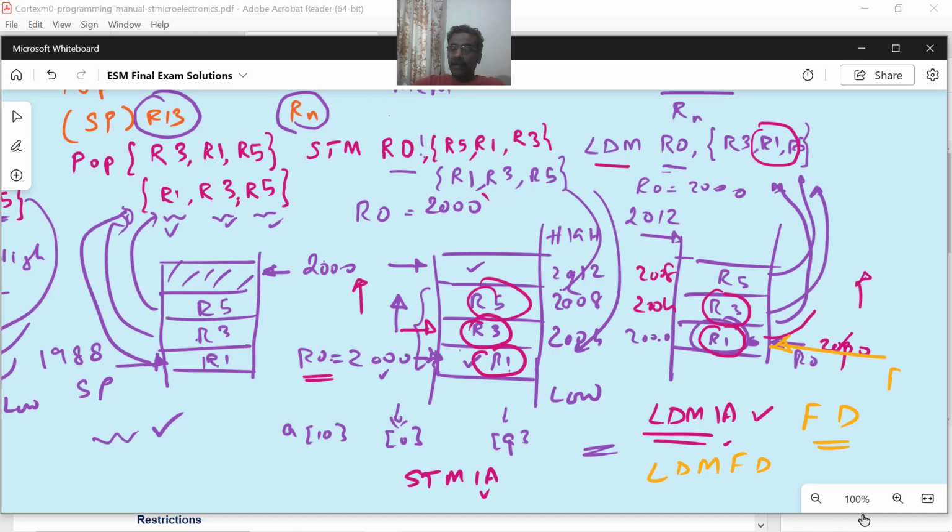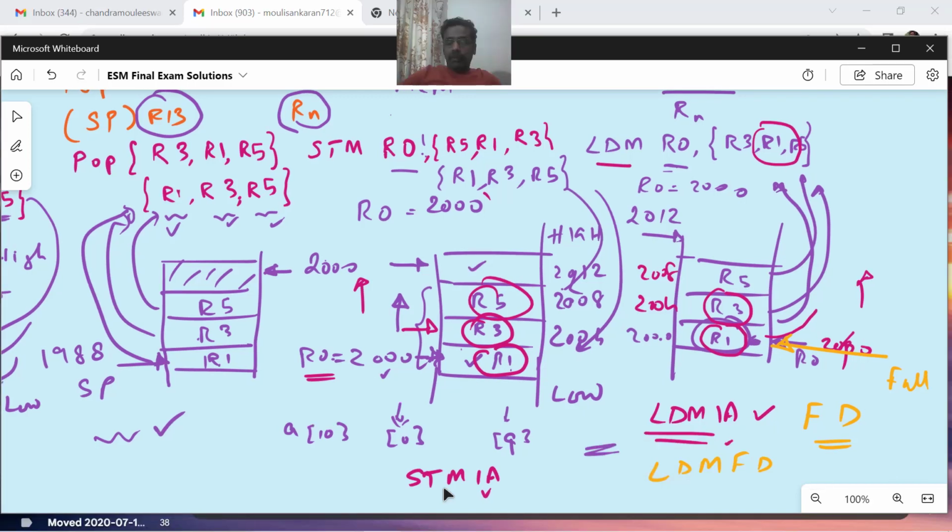That means it already has a value, and then it is similar to LDM FD. So if it is equivalent to a stack operation, it is full descending. If you don't understand it, it's not a crime.